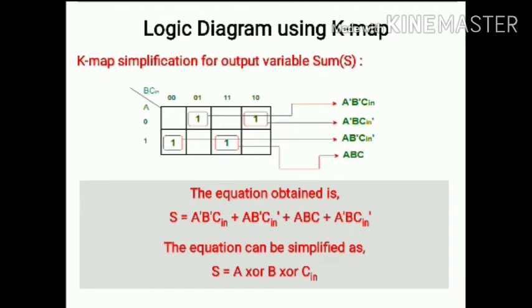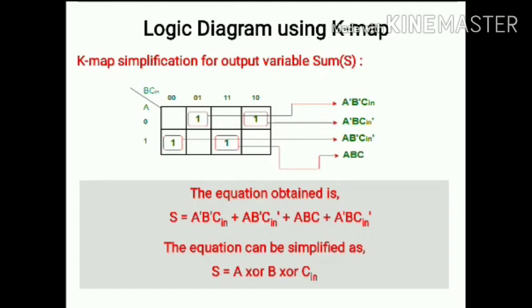So it can be represented in the K-map table. See the K-map table, there are 3 variables. So 8 values can be formed. The row side is denoted by A and the column side is denoted by B C. The first cell is marked as A bar, B bar, C in bar.